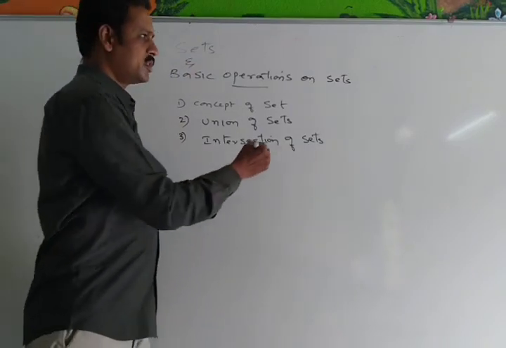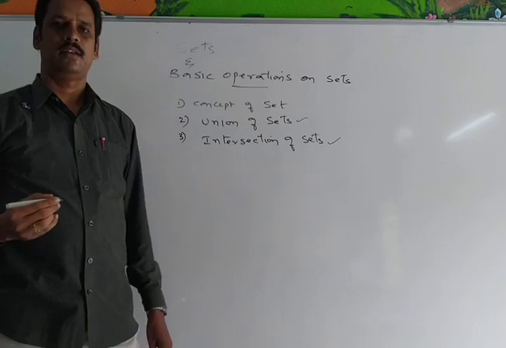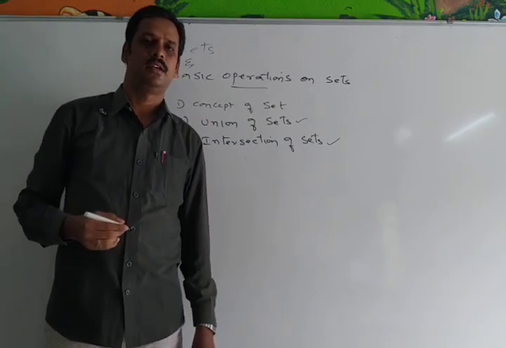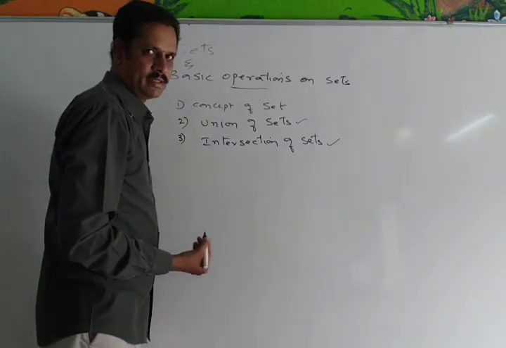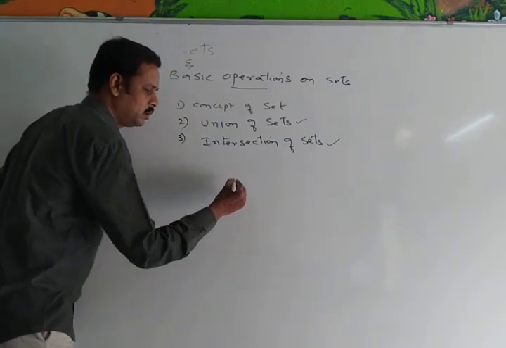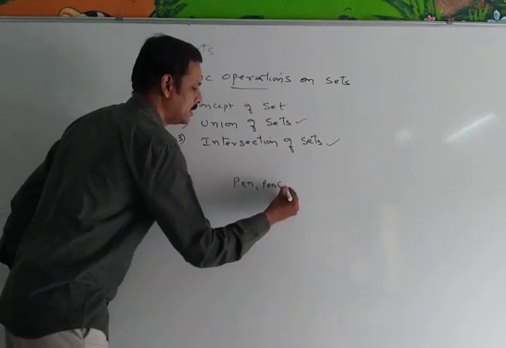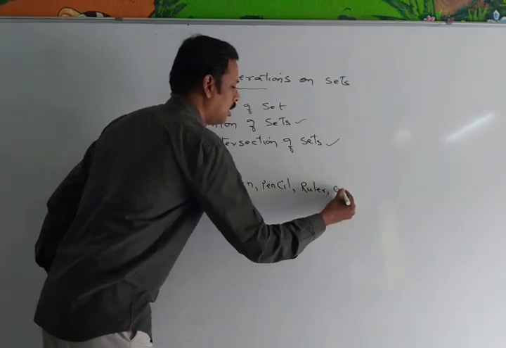Now, before starting union and intersection of sets, let me explain what is a set. Now, for understanding the concept of a set, first I will be taking one example. Pen, pencil, a ruler, compass.